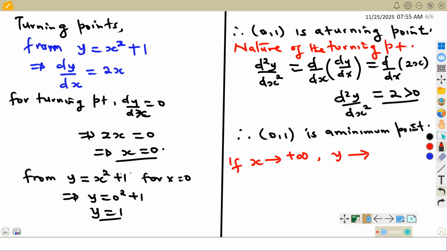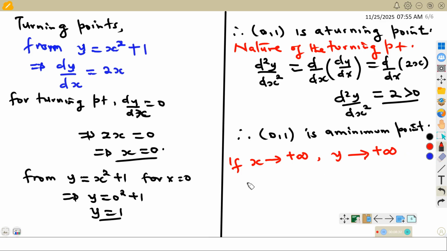So if x is positive, what will happen to y? You are basically talking about y equaling to x squared plus 1. If x here is a very big positive value, what will happen to y? Since it is squared, any number squared will always give you a positive. So y will also be tending to positive infinity.